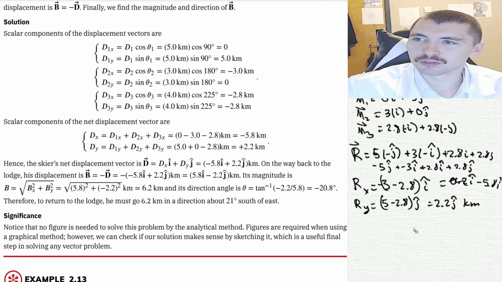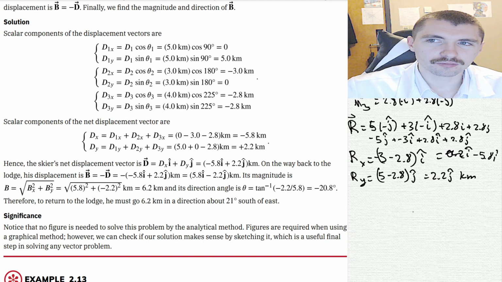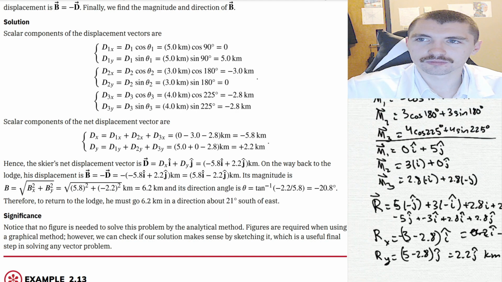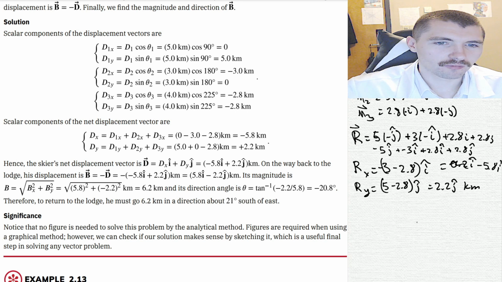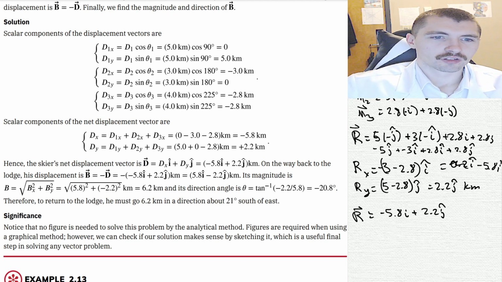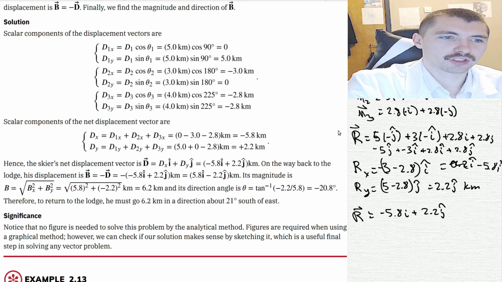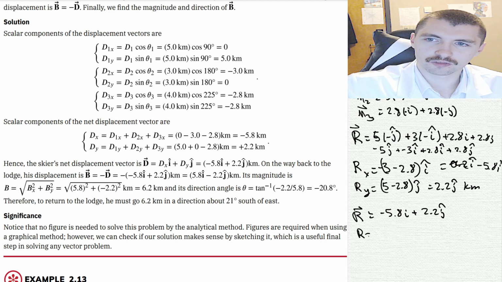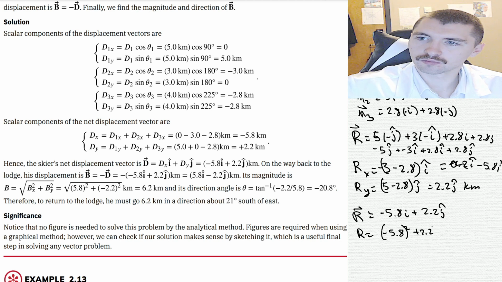All right, so magnitude is... okay, and then you take the tangent.